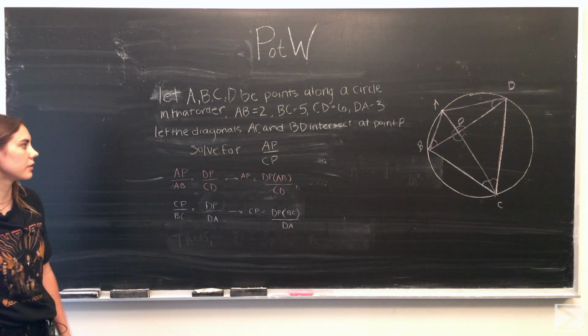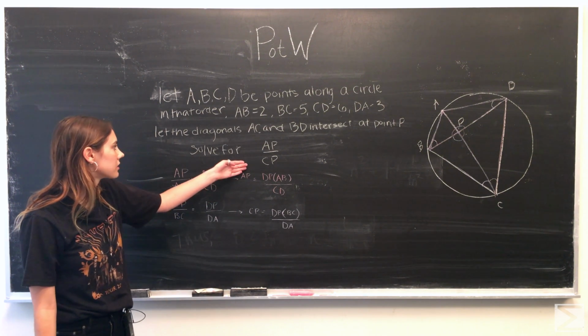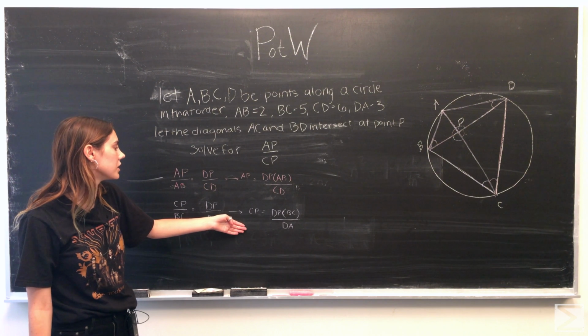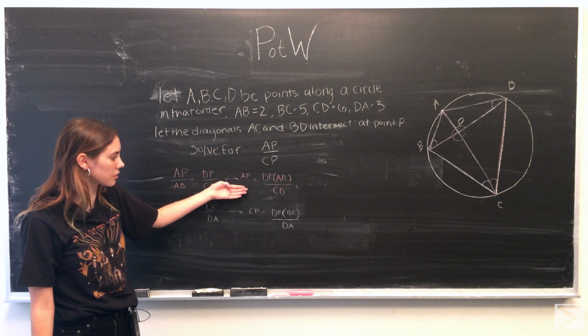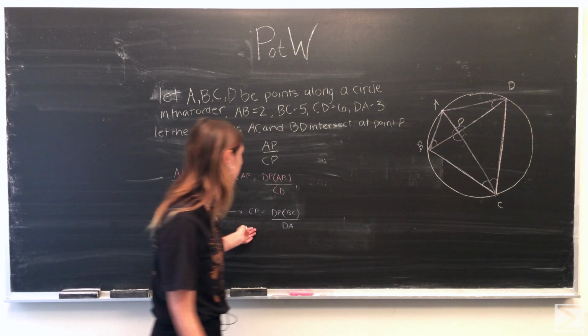So now we have an equation for AP and for CP, and in order to solve the problem, we want the ratio of AP over CP. So if we just divide this equation by the CP equation, we should get the correct answer.